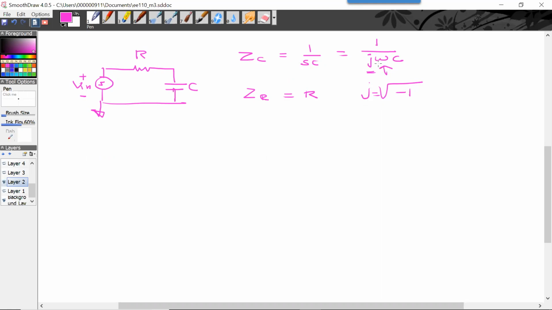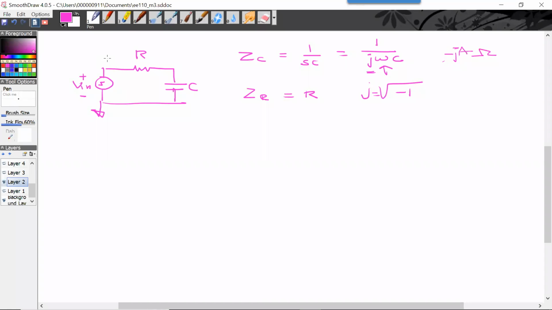But rather than setting the frequency to some known value and getting minus A times j ohms, we're just keeping that frequency a variable.